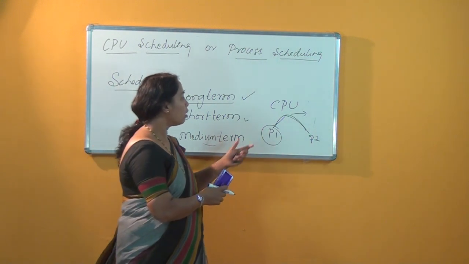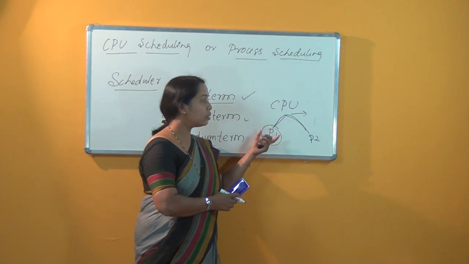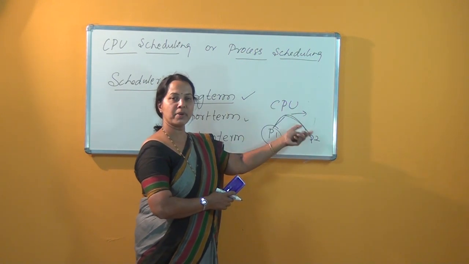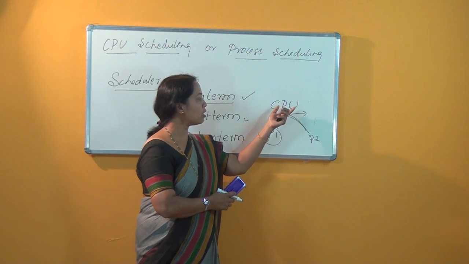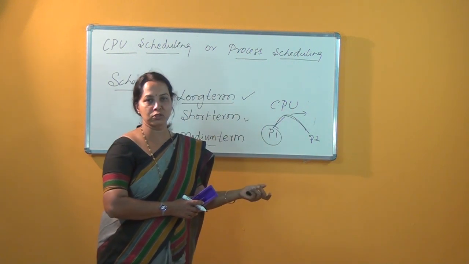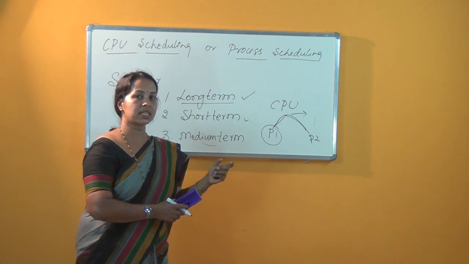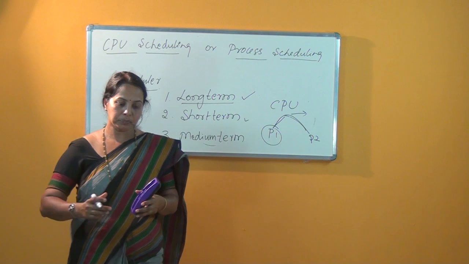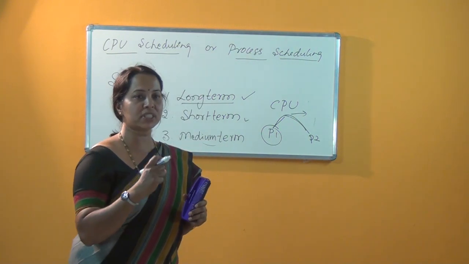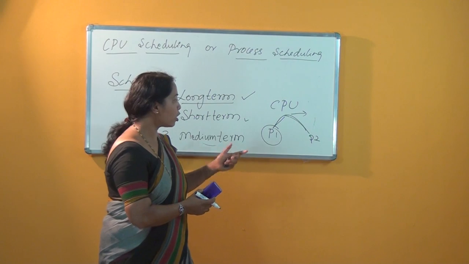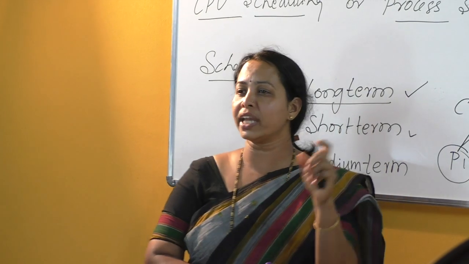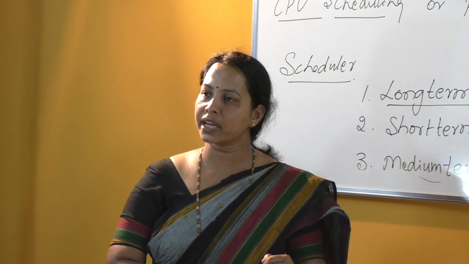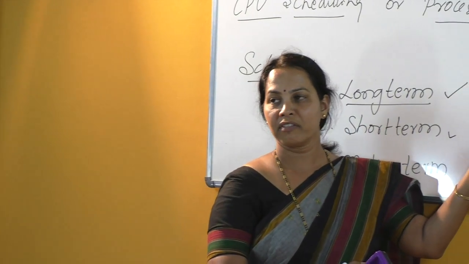That is, copying the register information of one process and loading the PCB information into the registers of the CPU. The time taken for this is called the context switch time, and it should be reduced, because during context switching the CPU cannot do any useful work. So if more time is taken, the CPU time will be wasted.